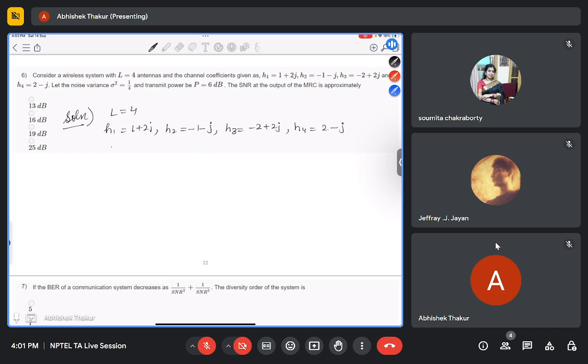Let the noise variance be 1 by 4, and the transmit power is given as 6 dB. The SNR at the output of the max.